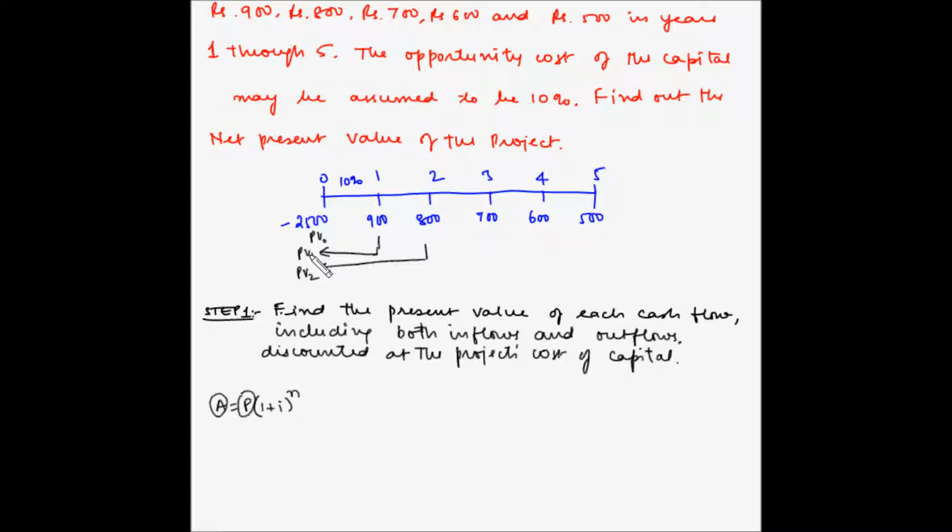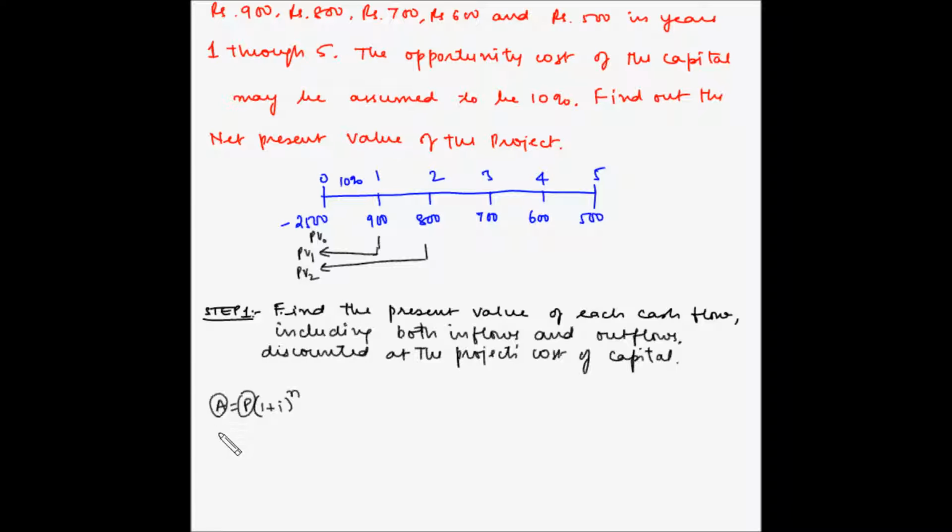PV1 is the amount which if you invest today, then at an interest rate I of 10% and n of 1 year, the amount received will be 900.